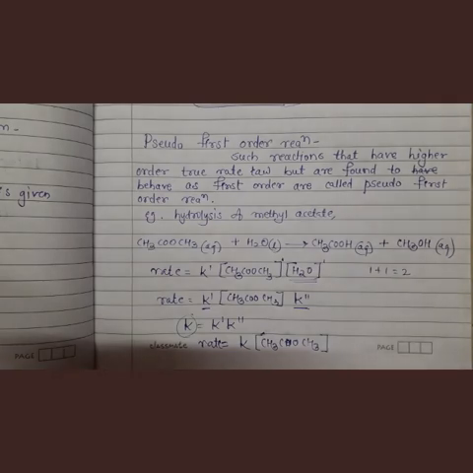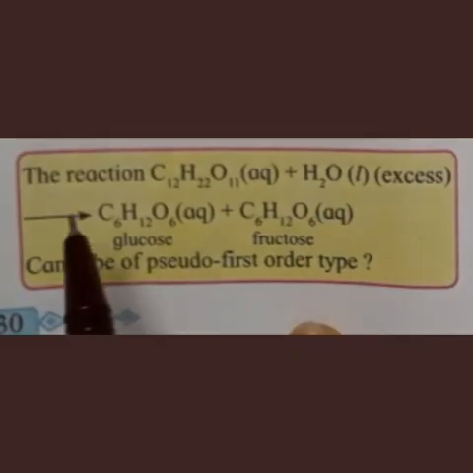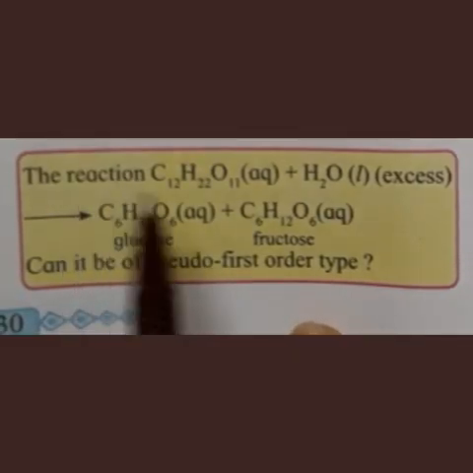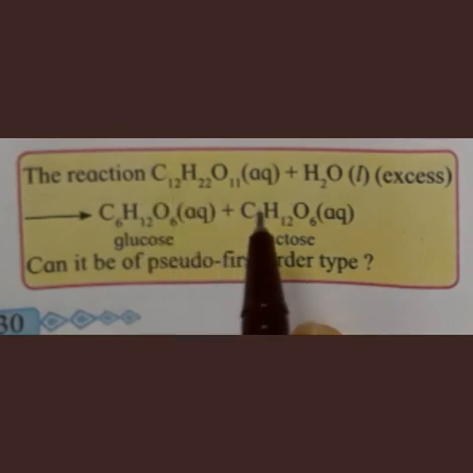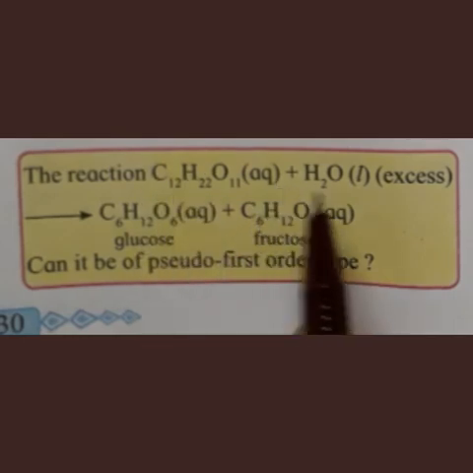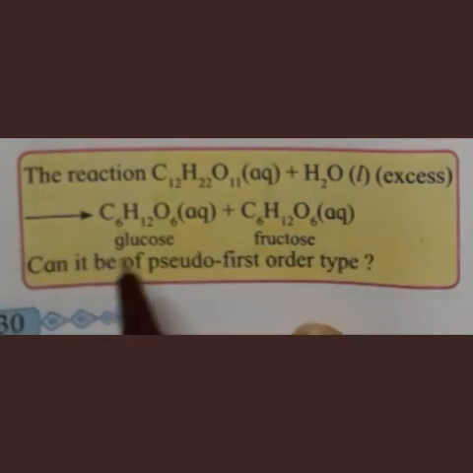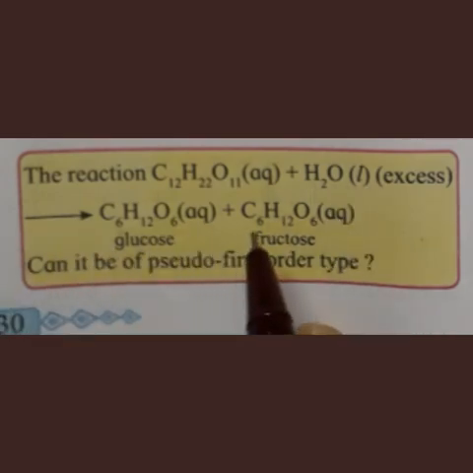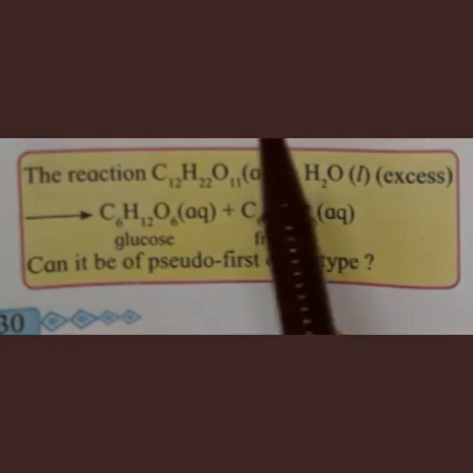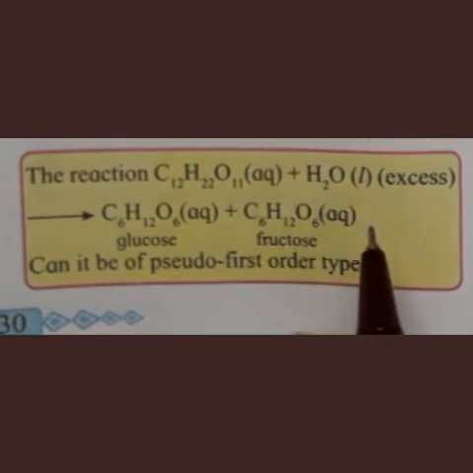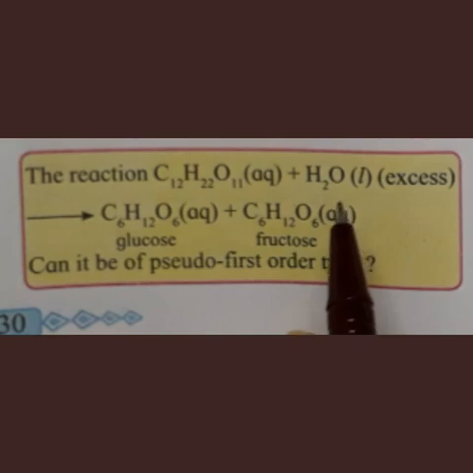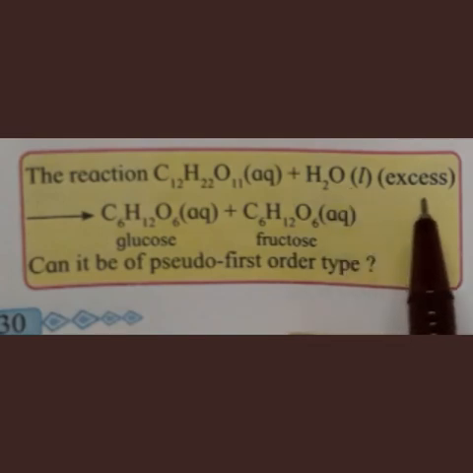One question they have given in your textbook, let us see that. You can see this yellow box, the reaction C12H22O11 aqueous plus water taken in excess, and the products are C6H12O6 plus C6H12O6. Here it is a hydrolysis reaction, bond breaking in presence of water, and in this reaction also water is taken in excess.